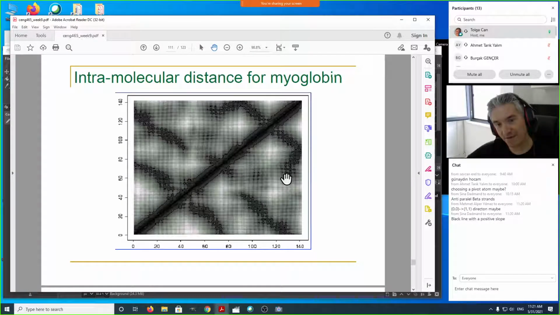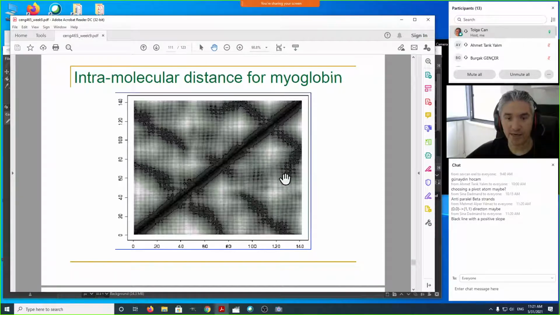Look at this region here, it's parallel to the diagonal. Maybe the relationship between these two parts may be a parallel beta strand. So they will appear as off diagonal, meaning they're far away from the diagonal, but parallel to it, as black regions.